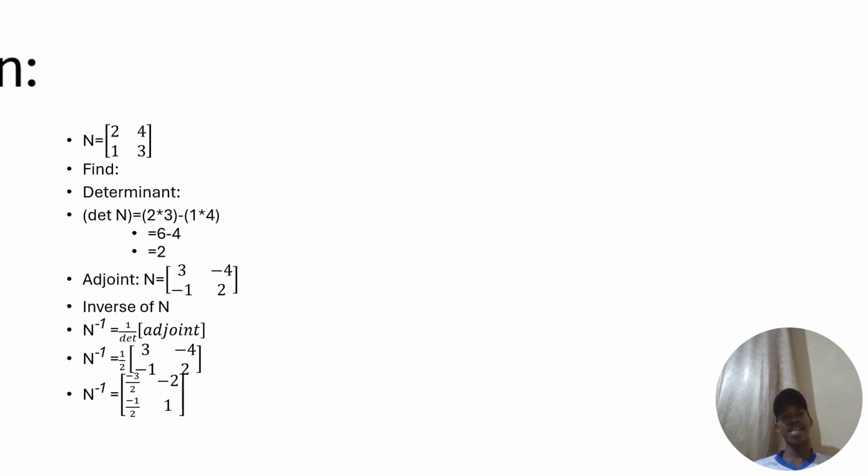But this is only done in 2 by 2 matrices, not 3 by 3. Now, there we go. We have now interchanged the positions of the major diagonal. Now, what happens to the minor diagonal, as I can ask? Here we are going to change the signs of the minor diagonal.